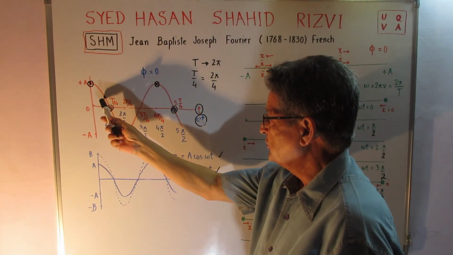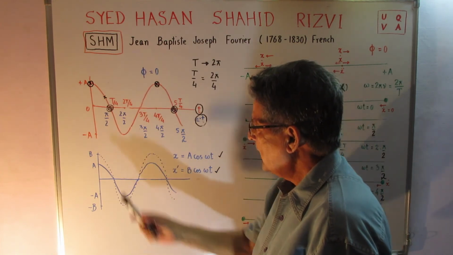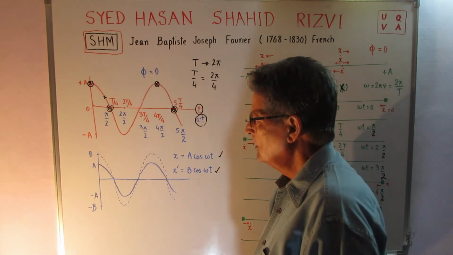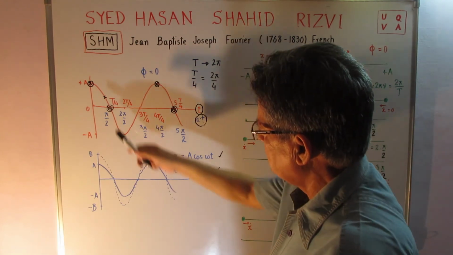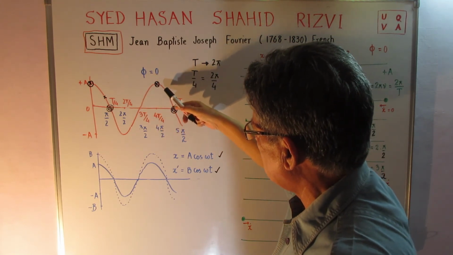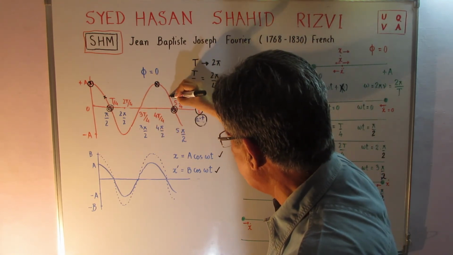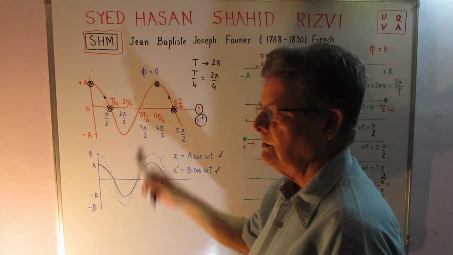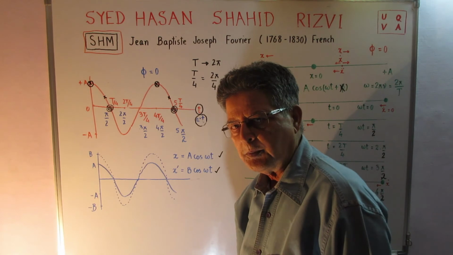This is the position where you're coming from maximum to the zero value, decreasing. Then we go like this. I got it. So from here to here, it is again the time period.